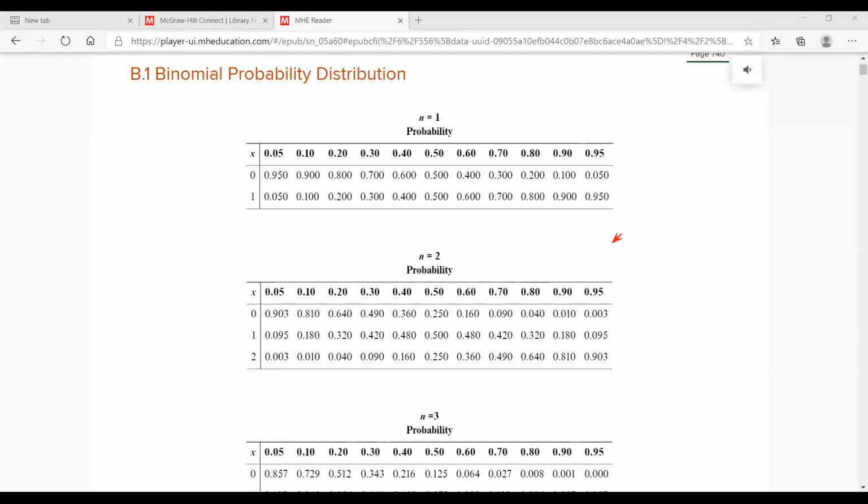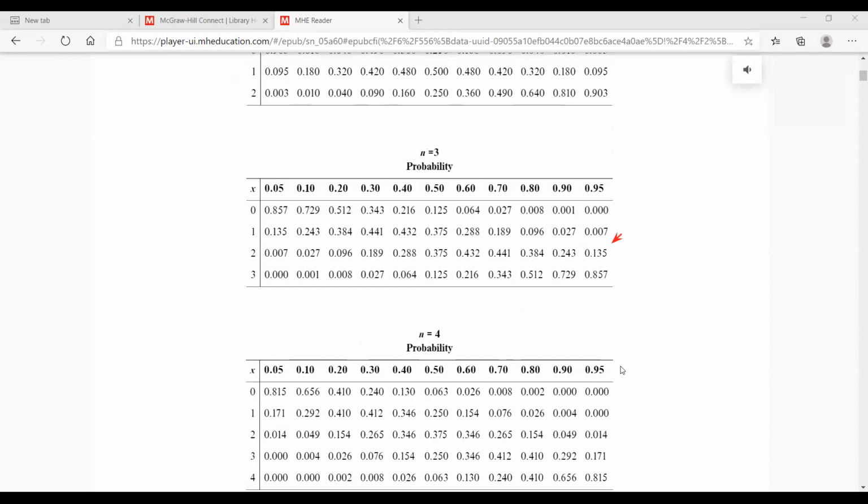On this first one, you're going to be looking at, I believe, n equal to 3 and the probability of success is going to be 0.6. So in this problem, you want to find where n is equal to 3, and then the probability that is 0.6.